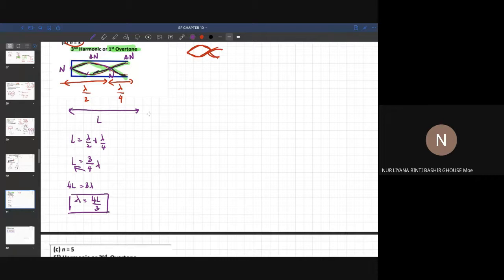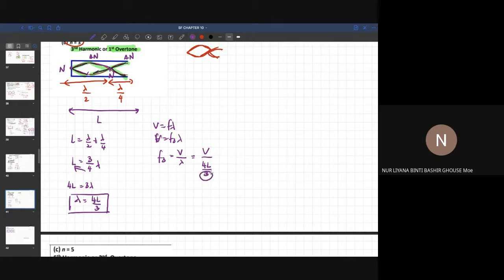Lepas dah dapat equation lambda, next kita kena cari equation untuk F. So V is equals to F lambda. So V is equals to F3 lambda. So F3 is actually equals to V over lambda. So bila kita masukkan lambda kita adalah 4L over 3. Korang jangan confuse L tu adalah dengan 4.